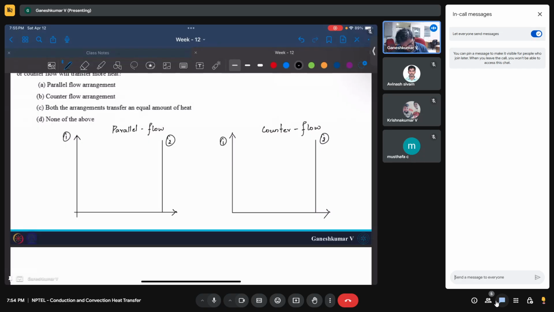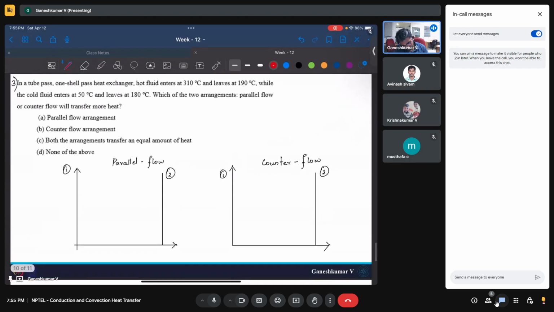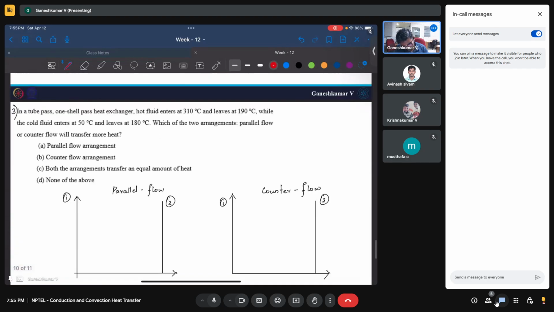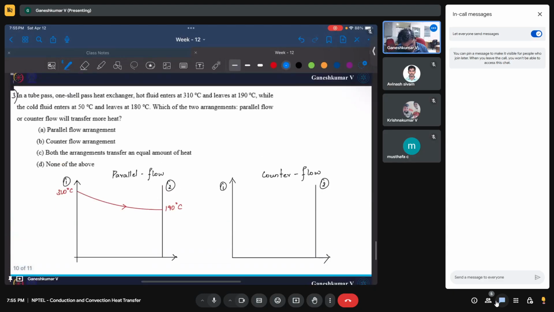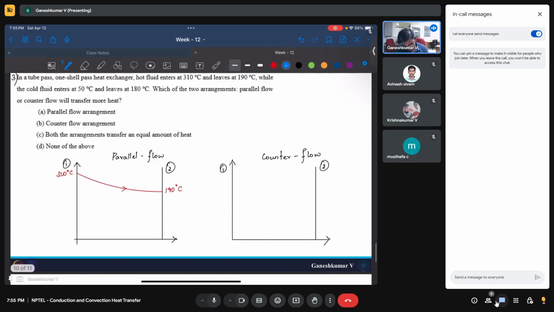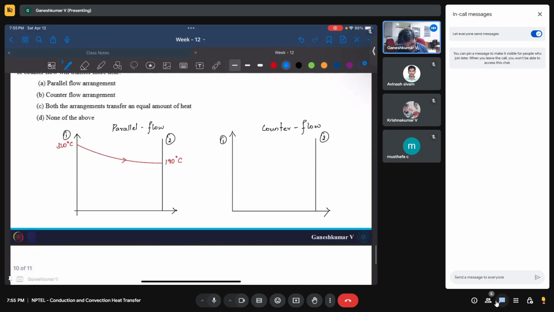The hot fluid enters at 310 degrees Celsius and leaves at 190, and the cold fluid enters at 50 and leaves at 180.